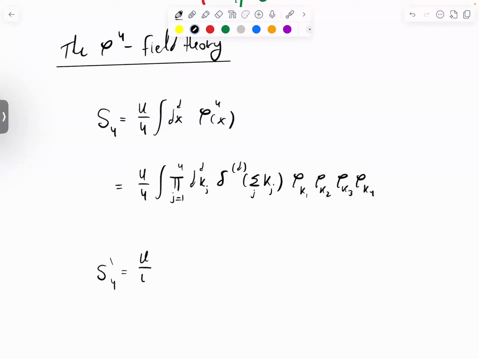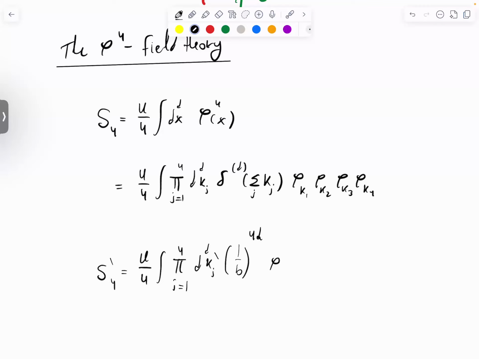So I write u over 4, the integral, product over j equal to 1 to 4, and then I have d^dk_j prime, 1 over b to the power of 4d, because I have d dimensions and 4 momenta.